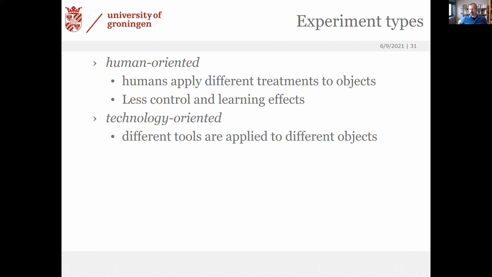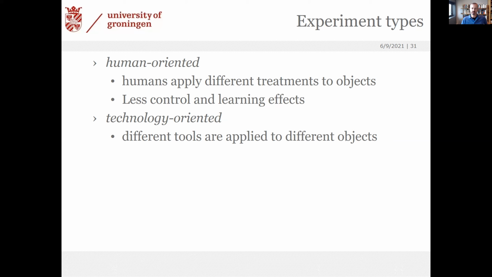The humans are sort of unpredictable, so they can, of course, do different things depending on context and circumstances. And they also have the so-called learning effect. So if you give two different treatments, let's say two different tools, to a participant, then for them, using the first tool has a learning effect, which is going to affect how they use the second tool. So this is something that needs to be taken into account.